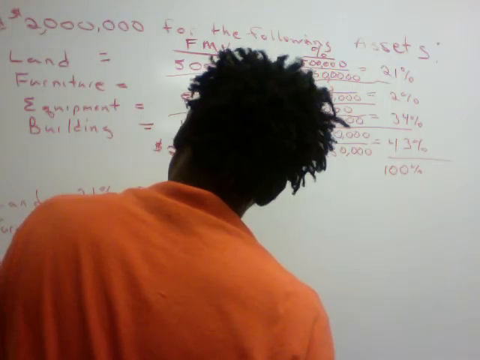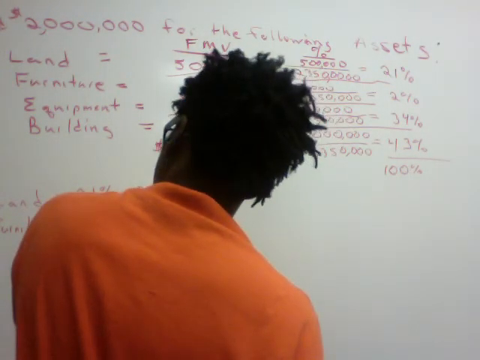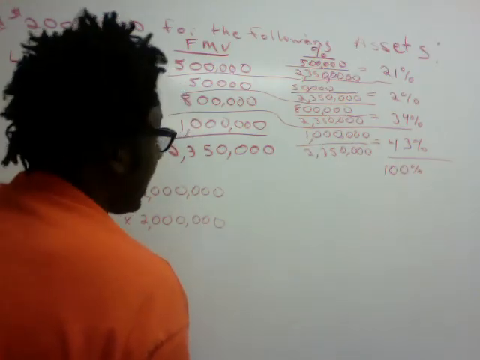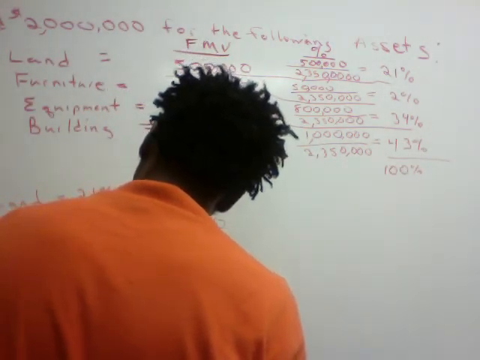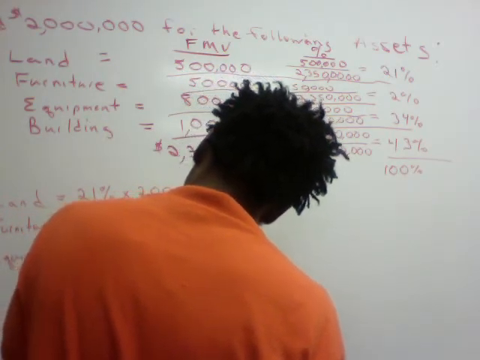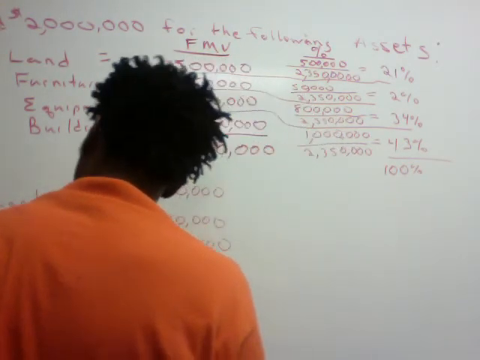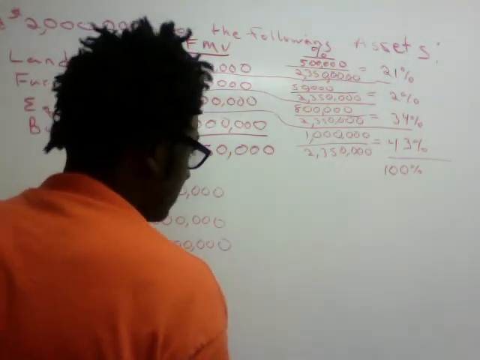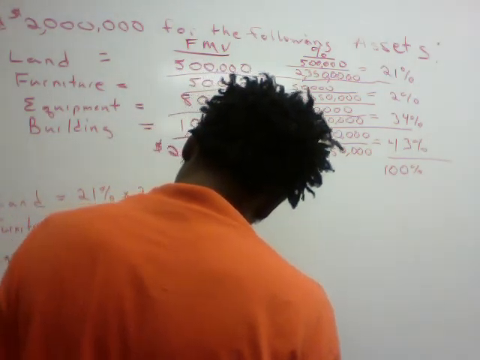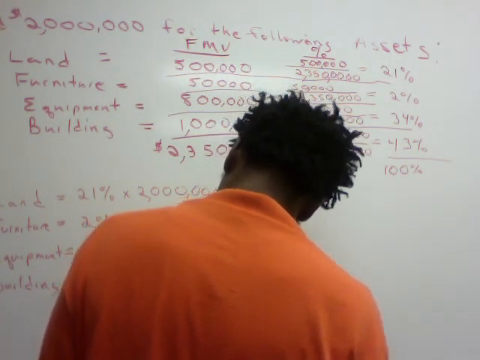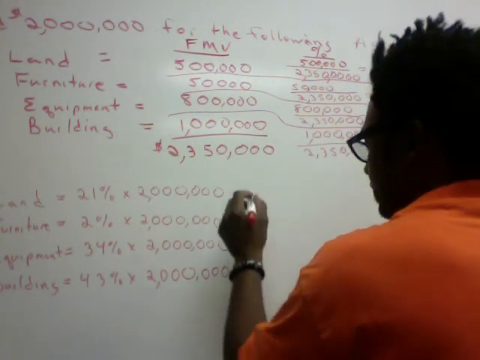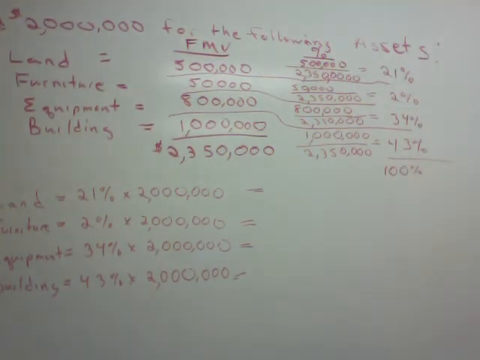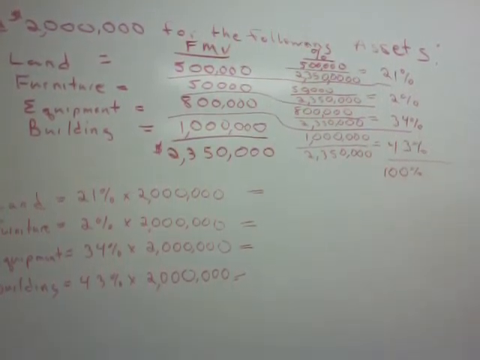We're going to multiply that times the 2 million. Equipment has a percentage of 34%. We're going to multiply that times 2 million. And lastly, the building has 43%, which we're going to multiply times 2 million. This will give us the total amount in which we're going to debit each particular asset.